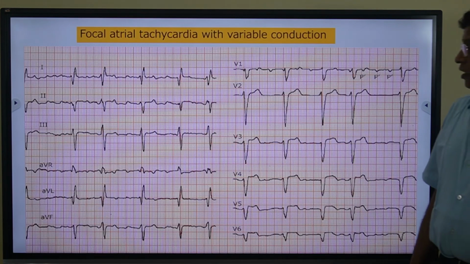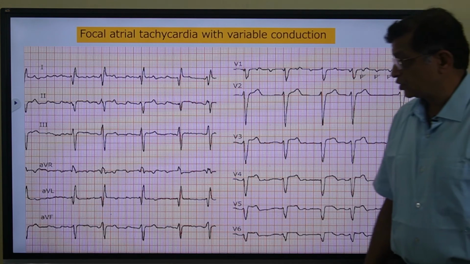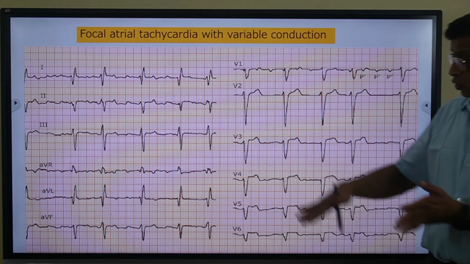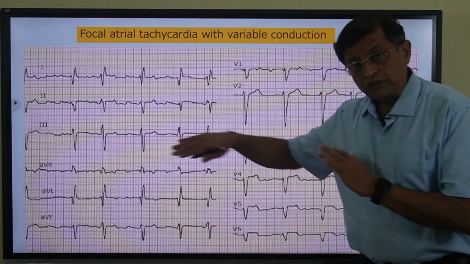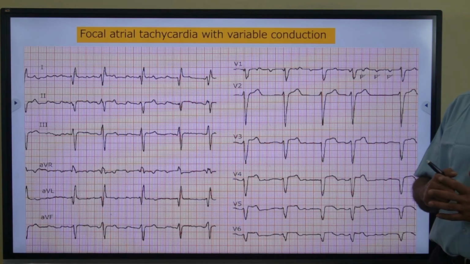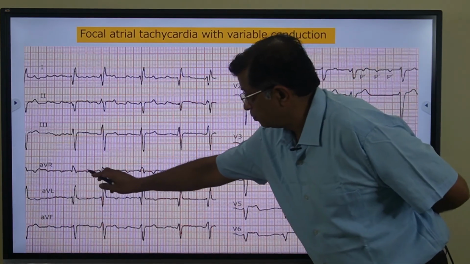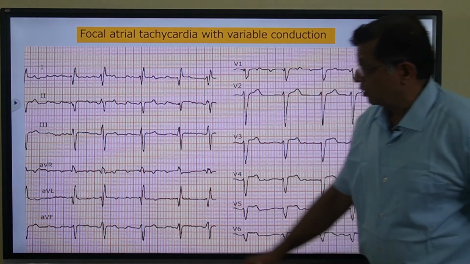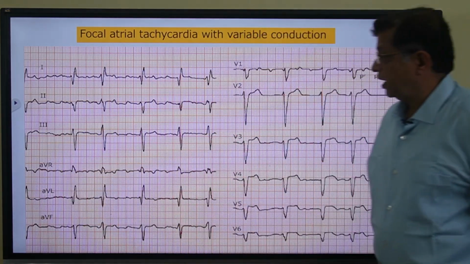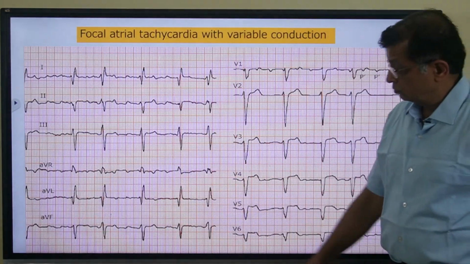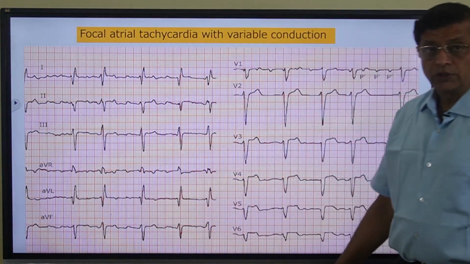Now focal atrial tachycardia with variable conduction. As we discussed, how will you see focal atrial tachycardia? You will see a P wave other than the sinus P wave, but the atrial rate would be more than 100. So see the lot of P waves here, 1, 2, 3, 4, but they are all similar, only one type, and the atrial rate is about 200 or 230.